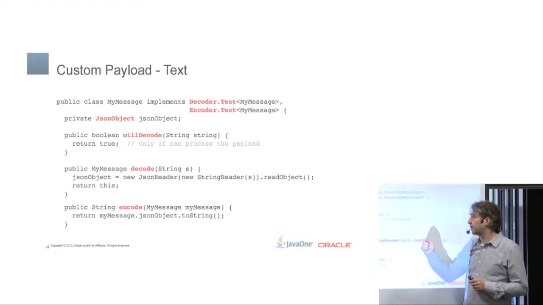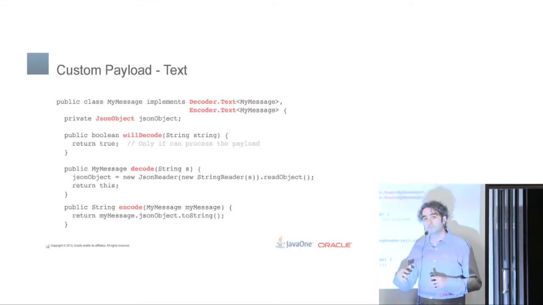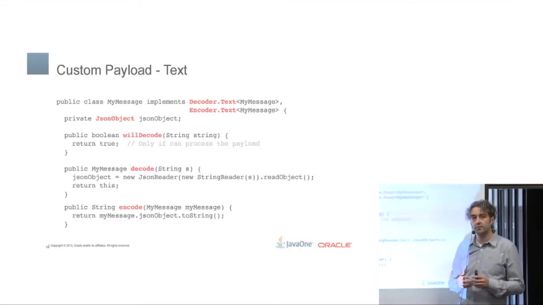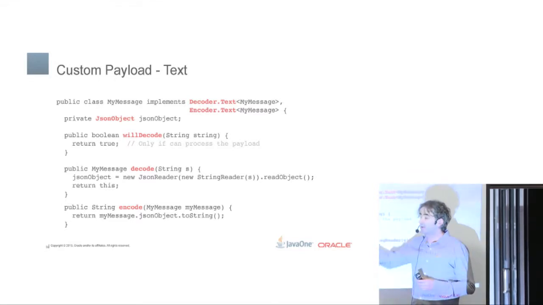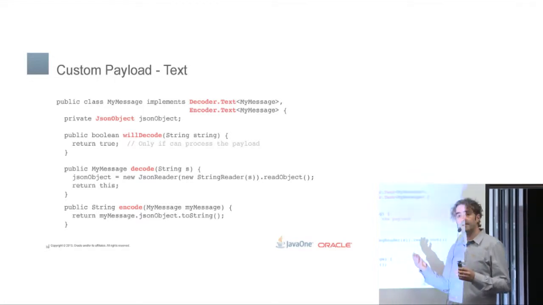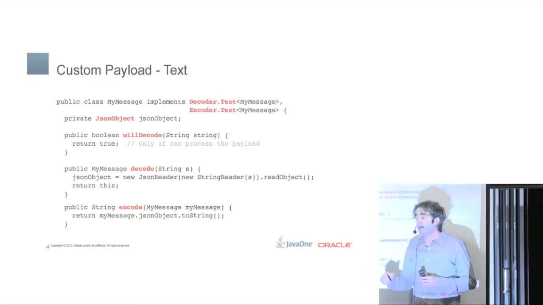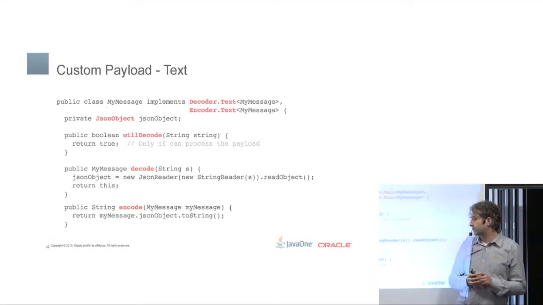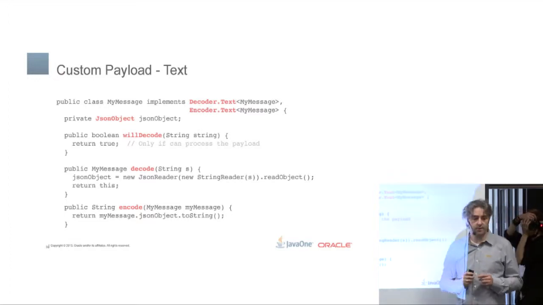The second decoder will be invoked, its willDecode method will check the payload, it has no clue, and it will return a false. Finally, the third decoder will be invoked, its willDecode method will get the payload, it understands the payload, so that means it can decode it, it will return a true, and that specific decoder will be invoked. So the willDecode method is important.